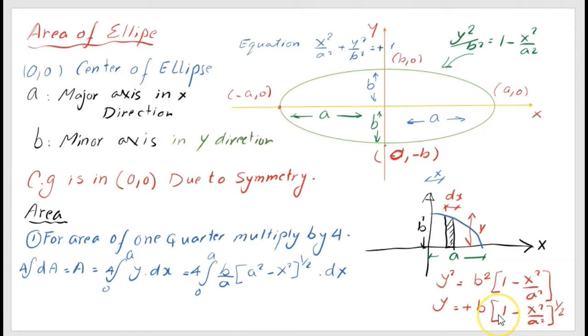If you combine the a squared, it will be a squared minus x squared divided by a squared. We take the square root of a squared out, so our y will become b over a multiplied by the square root of a squared minus x squared, and we multiply it by dx.